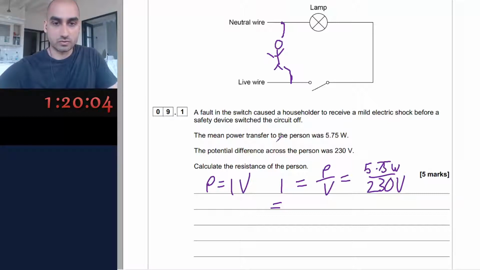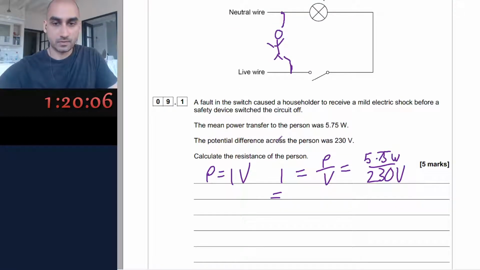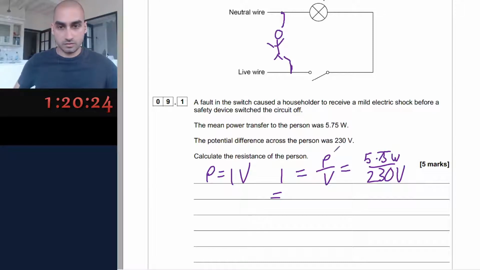No, the switch is not closed. 5.75 divided by 230 is 0.025 amps.